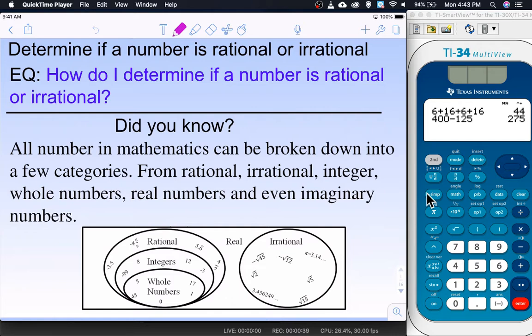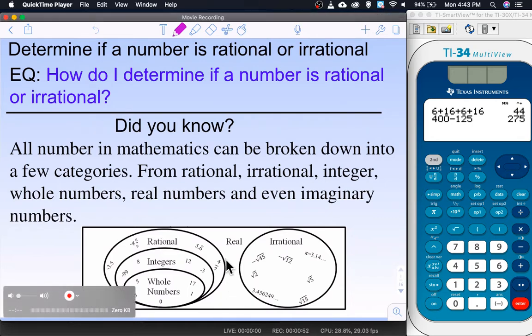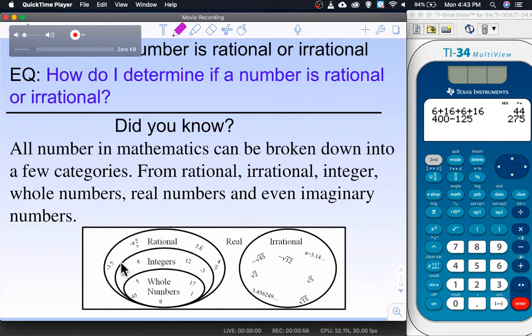Did you know that all numbers in mathematics can be broken down into a few different categories? And there's actually more than I'm showing here, but these are the main ones. From a rational number, which we can see right here in this circle, irrational numbers, integers, whole numbers, there's real numbers, there's even something called an imaginary number, which would be a little bubble on the outside here.